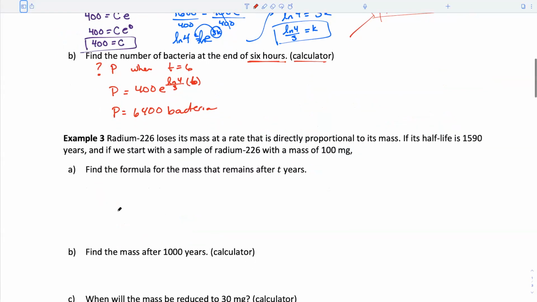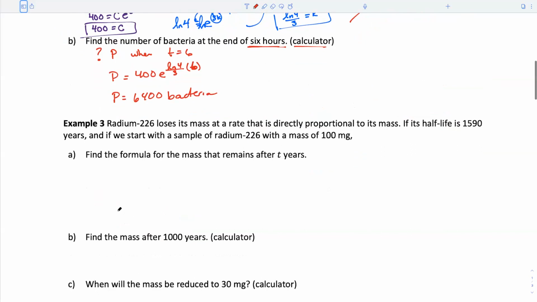All right, example 3. Radium-226 loses its mass at a rate. Okay, again, they're telling us the rate, so this is going to be a dy/dt. It's directly proportional to its mass. So this right here tells us that it's exponential.